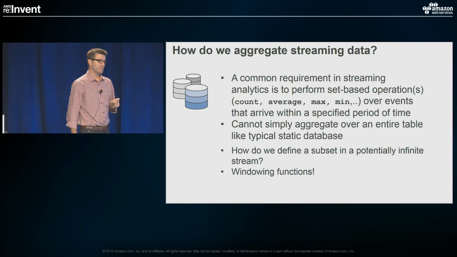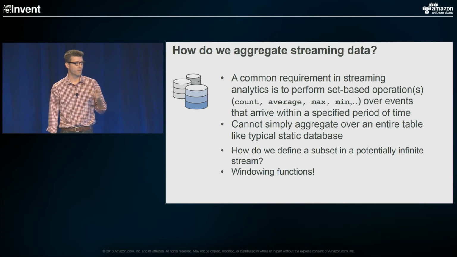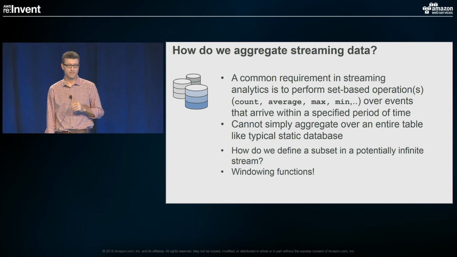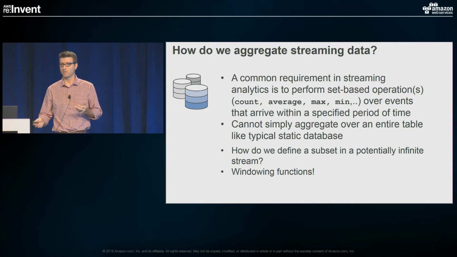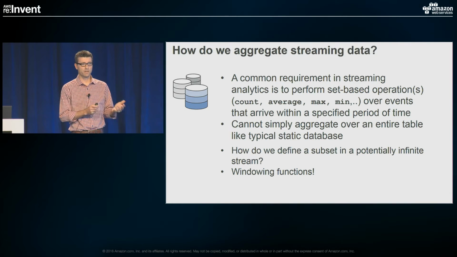Now we want to do aggregations. How do I aggregate streaming data? It's very common to do analytics. We want to do counts, averages, maximums, extremely common analytics use cases. But I can't simply aggregate over an entire table like you can in a relational or static data set. With streaming data, remember, I could have this application running for days or weeks.